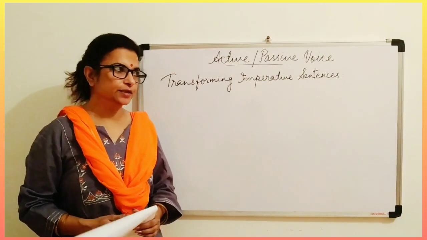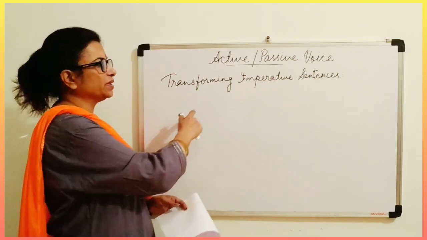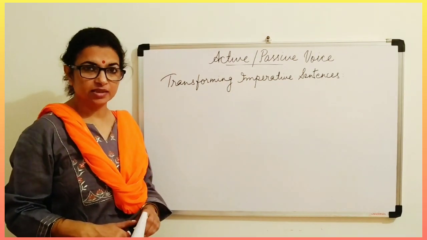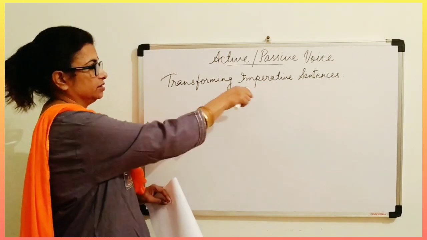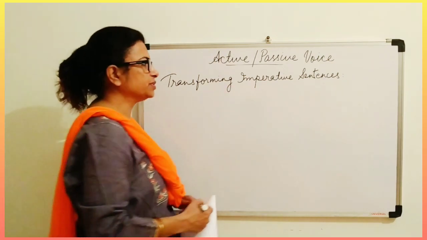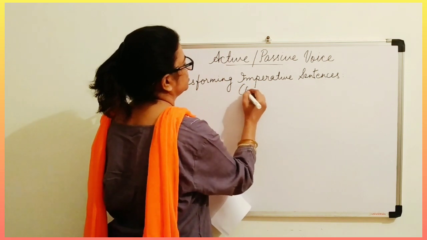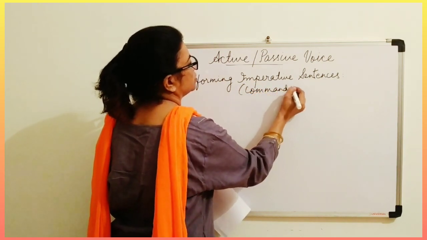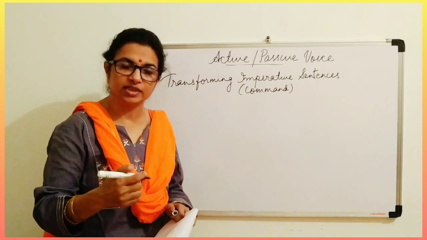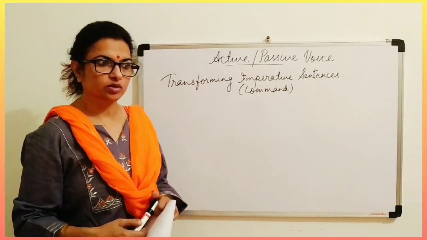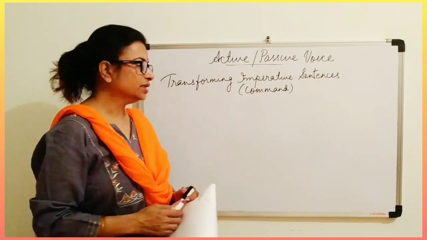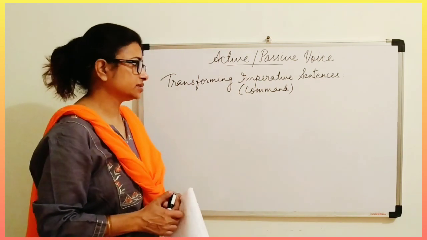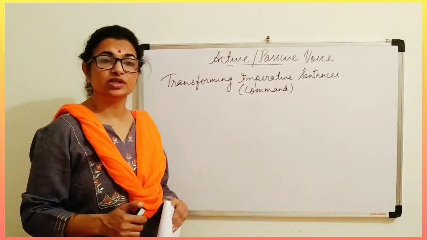Now let us see another thing, that is transforming imperative sentences. Like if you have got some active sentences in imperative form. Imperative means command. Command sentences, like order sentences: shut the door, close the window. All these are imperative sentences. Now suppose you get command sentences, how are you going to change them into passive voice?